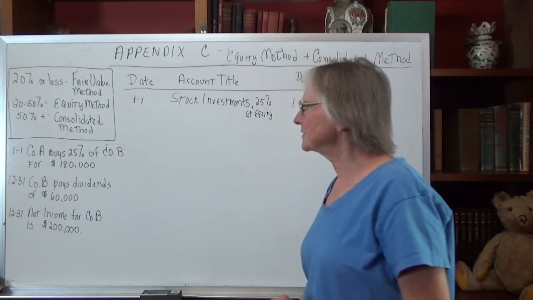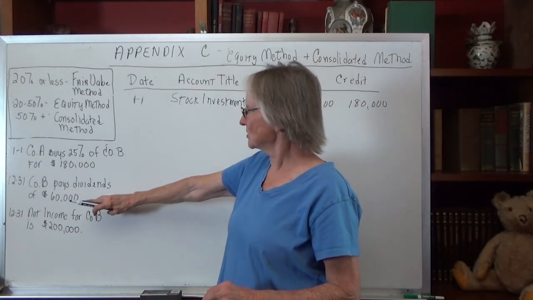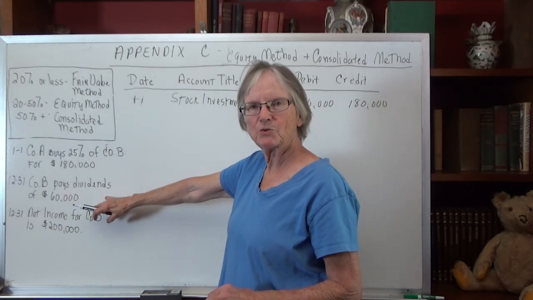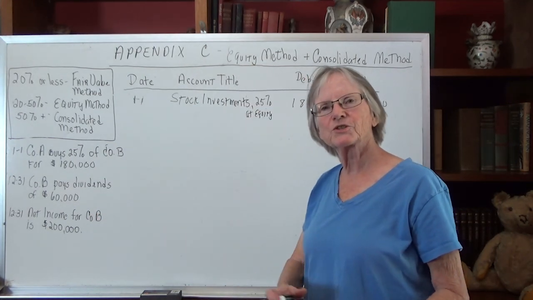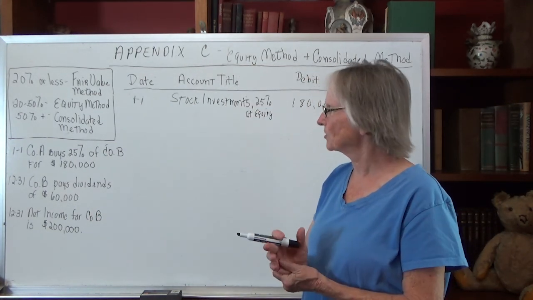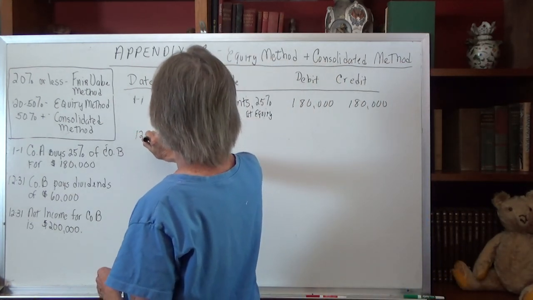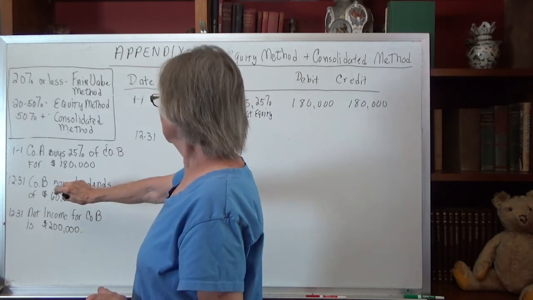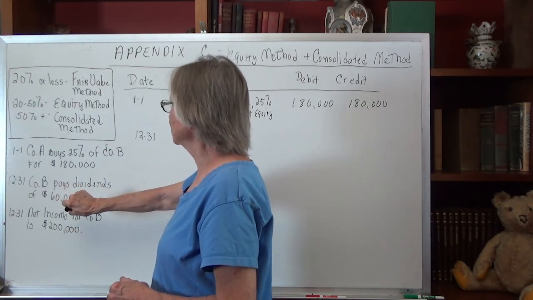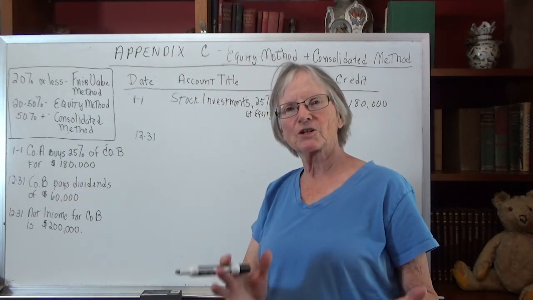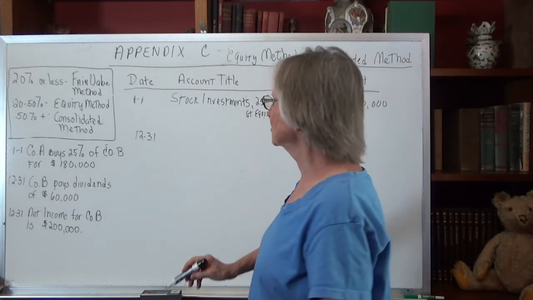Okay, so to simplify things, I'm just going to have all the dividends paid at 12/31, but if they were paid quarterly, this would happen each quarter. But say at 12/31, Company B pays dividends of $60,000. Now that's $60,000 total dividends that the company is paying.